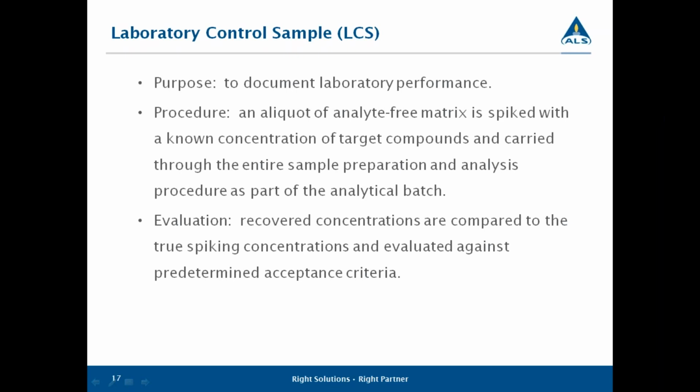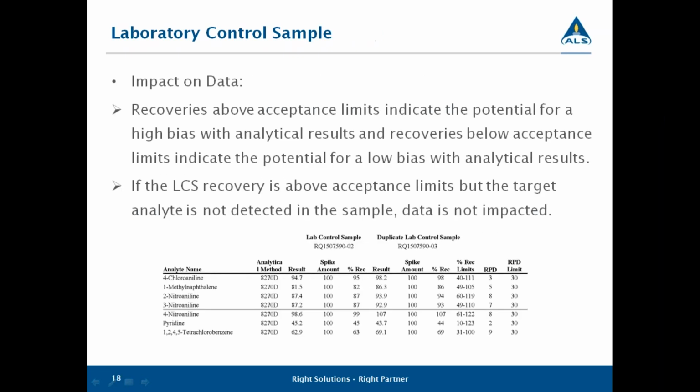It's completely different. This is carried through the entire sample preparation and analysis procedure as part of the analytical batch, just like the method blank. From beginning to end, it follows right along with the samples. When we're evaluating, the recovered concentrations are compared to the true spiking concentrations and evaluated against predetermined acceptance criteria. So here we have another snapshot of a report.